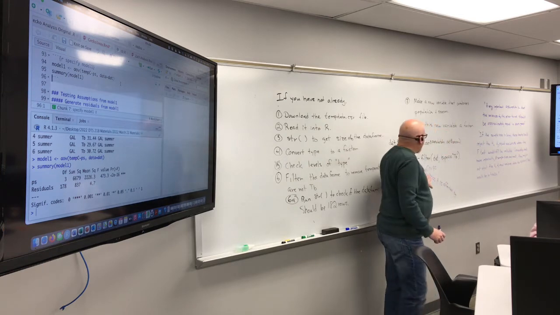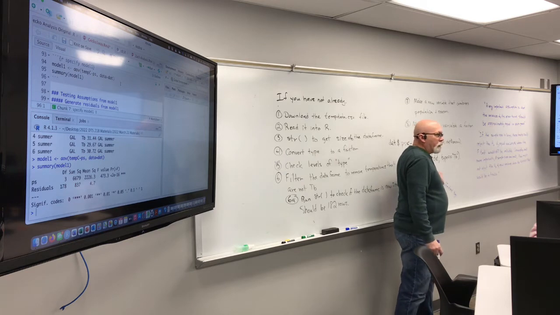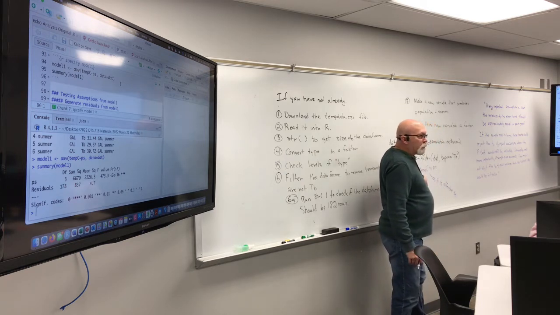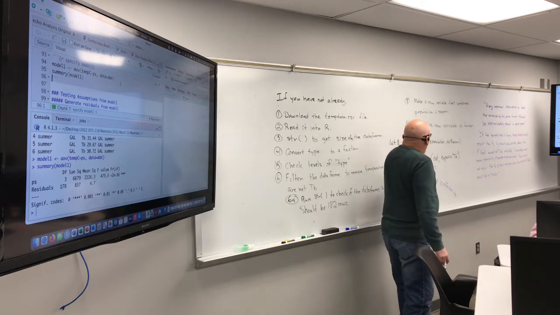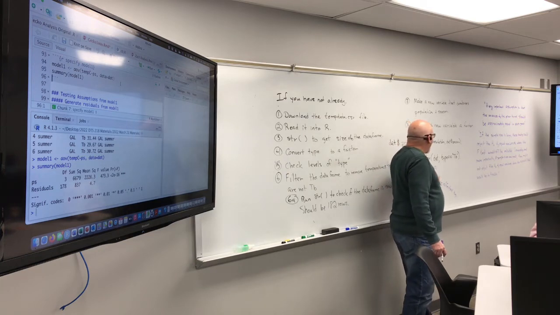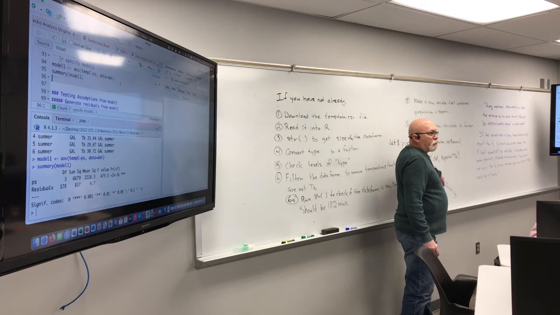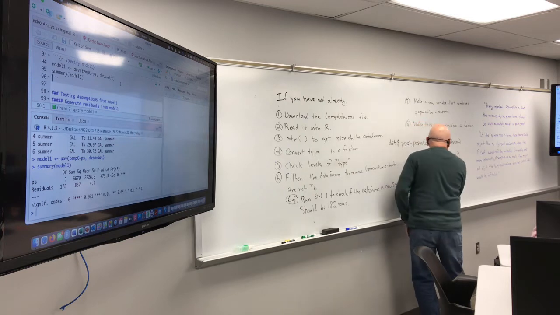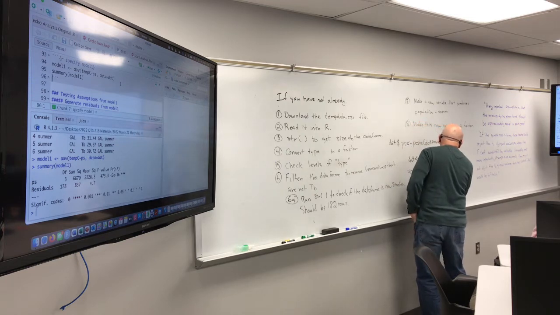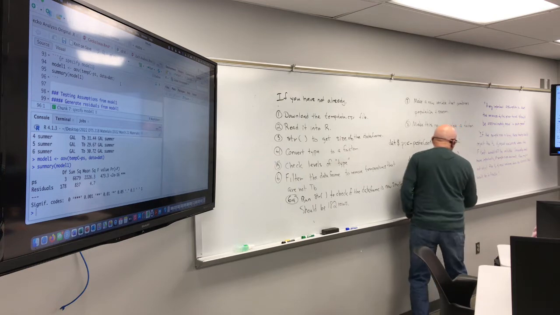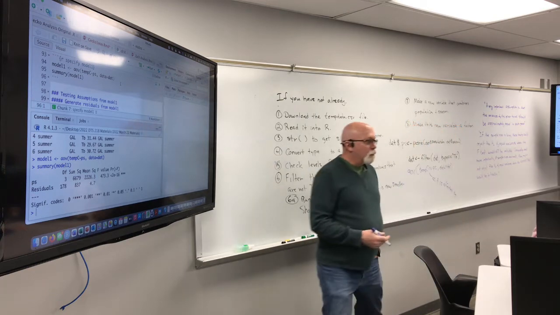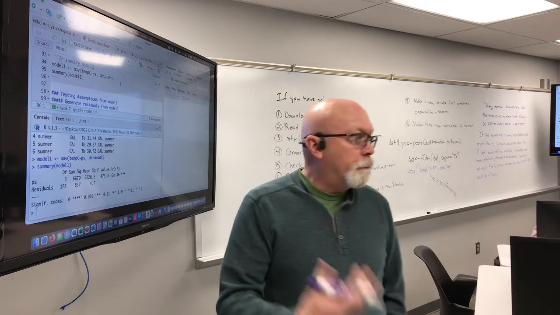So this is your dependent variable, and this is your independent variable. Your independent variable presumably affects your dependent variable. So this is saying, how is temperature affected by the combination of population and season? Where am I going to get the data for that? I'm going to get that from my data frame, whatever my data frame is. And so that's kind of what the syntax means in plain English.